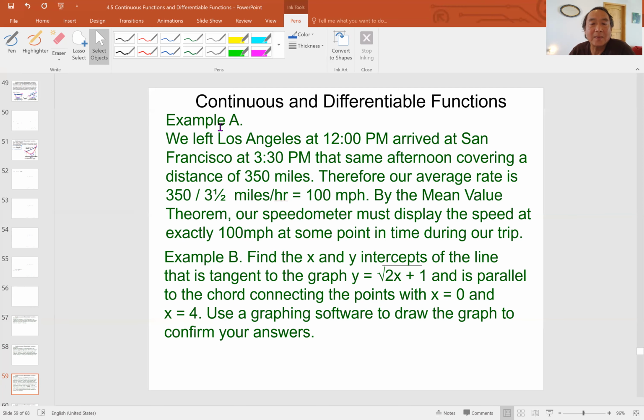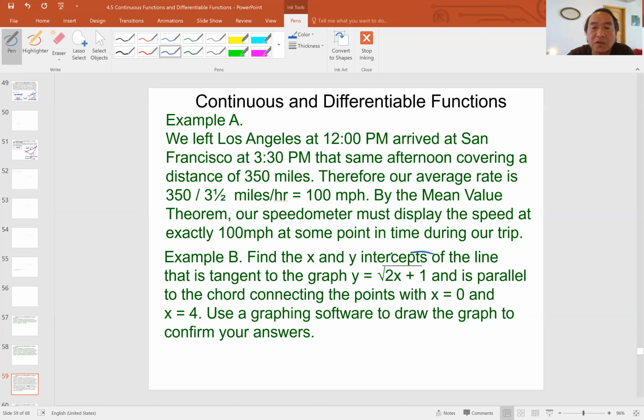Example B says, here's a function from 0 to 4, calculate where c is, use the software to find out, and justify your answer. Actually, what I'm going to do now is draw the picture and talk about which point you're going to look for, and that's on the next few slides. The calculation is kind of obvious. It's really easy.